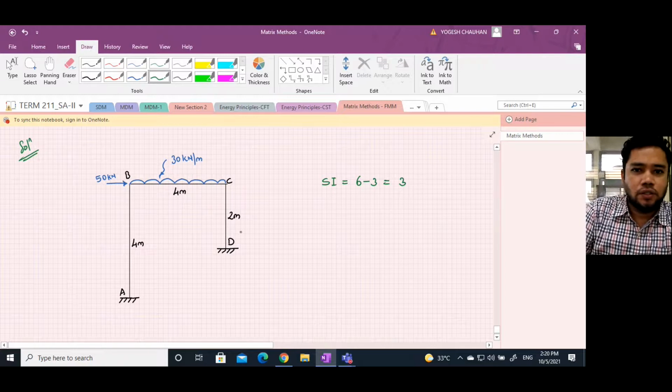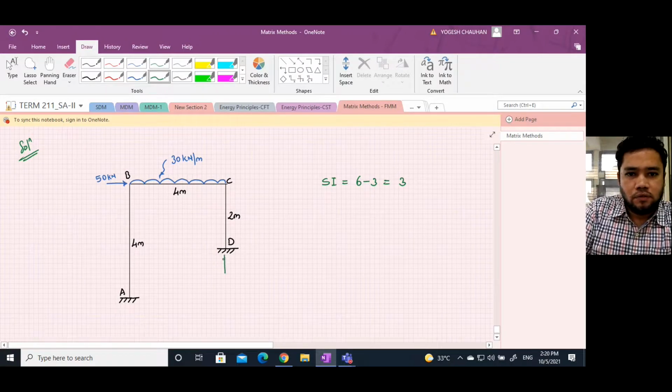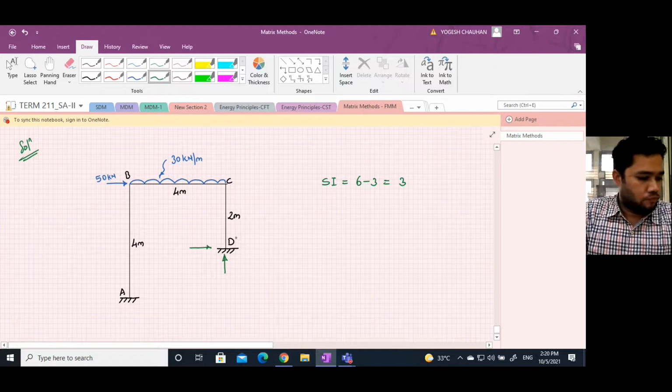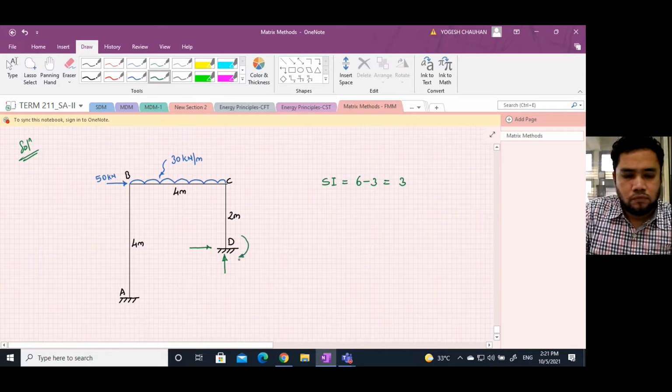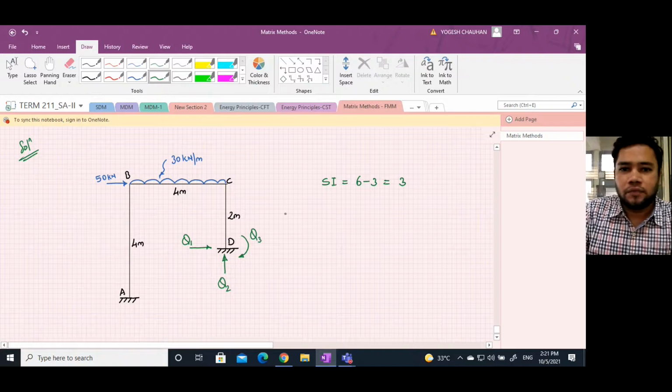So let us choose the redundants. Let us see, this is Q1 redundant 1, Q2 redundant 2, and Q3 redundant 3.